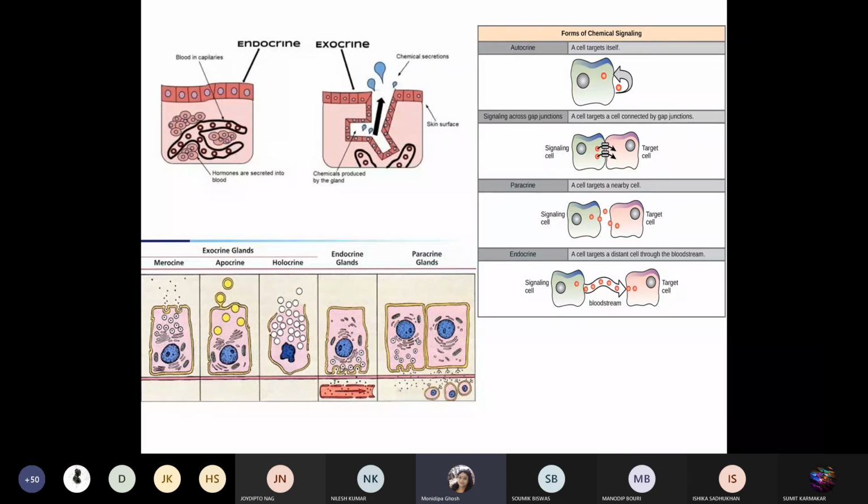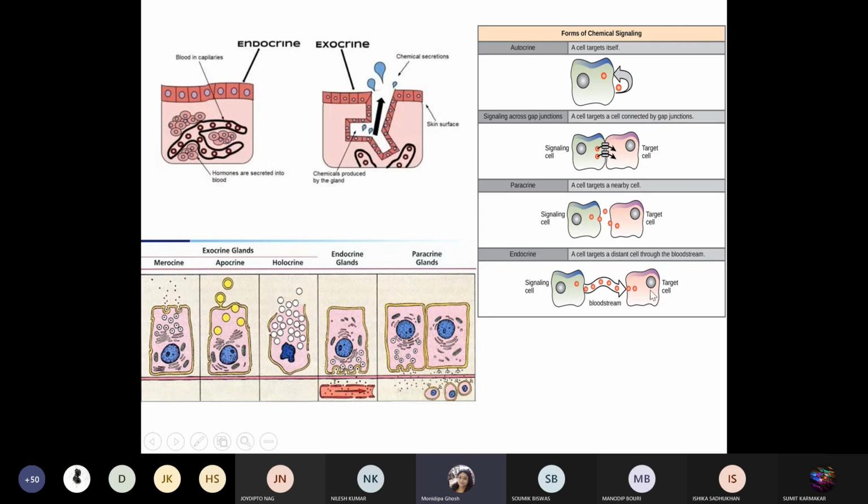All the chemicals secreted from the endocrine glands act like this. Just have a look. The endocrine glands secrete the signaling molecule and take it through the bloodstream from one place to a distant place, where it acts on the target cell.